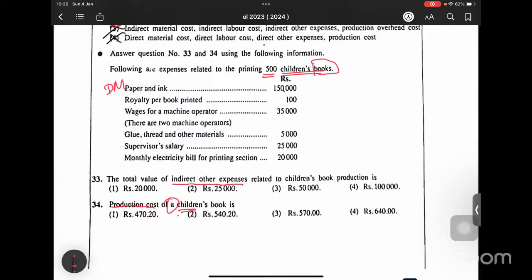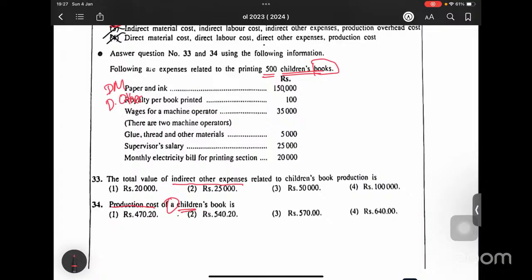Here they have said royalty per book printed. What is royalty? Direct other. Yes. Wages for machine operator, and they have given there are 2 machine operators. Then what is that? Indirect labor? No. They have said there are 2 machine operators, so we can count it.